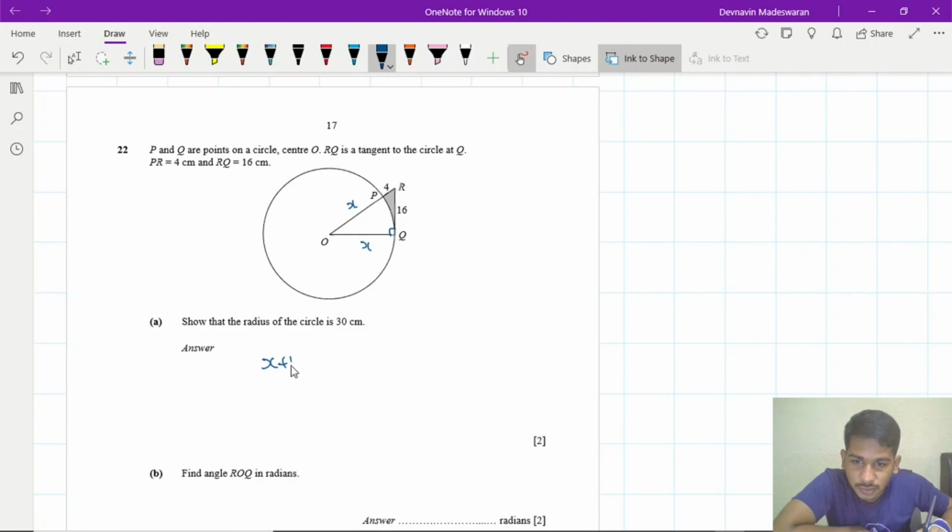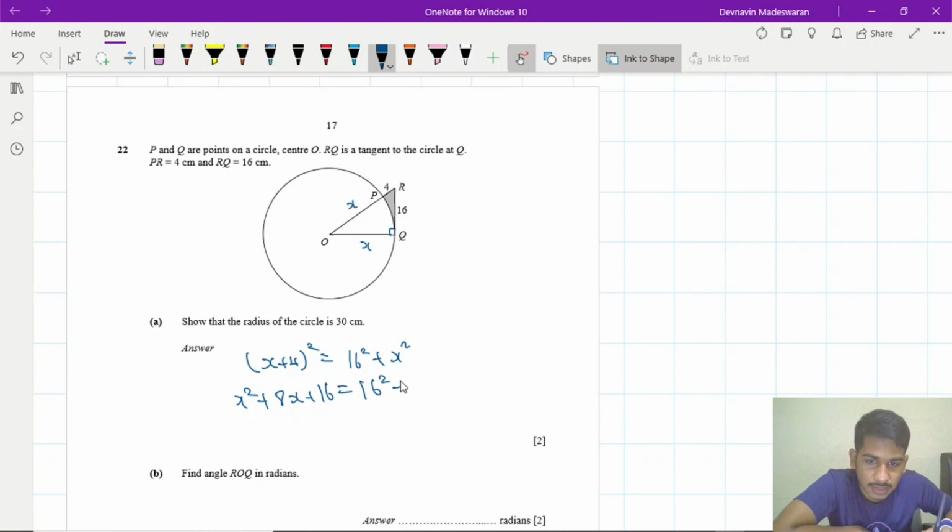Now we get (x plus 4) squared is equal to 16 squared plus x squared. Let's expand this. It's going to be x squared plus 8x plus 16 is equal to 16 squared plus x squared. What is 16 squared? 16 times 16, 256.